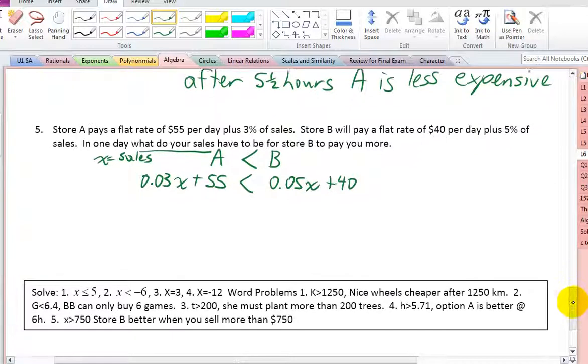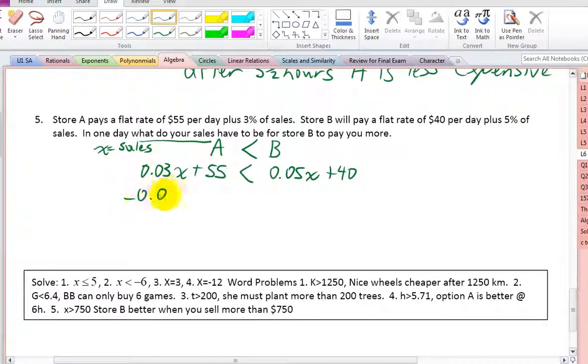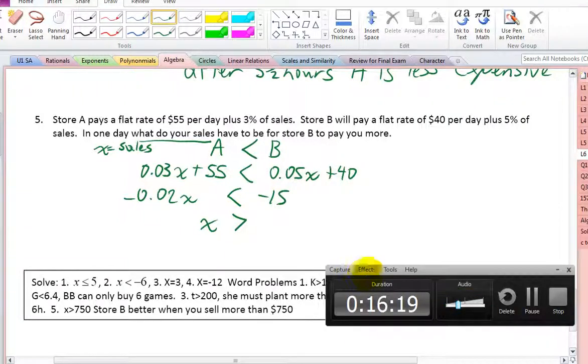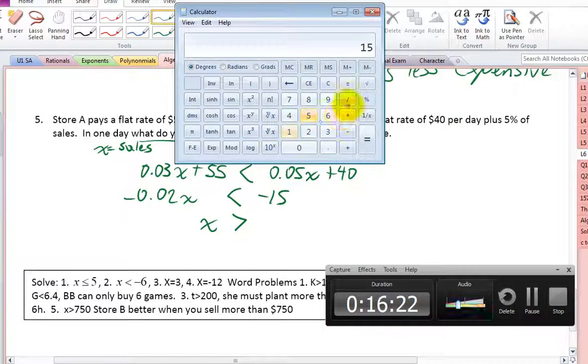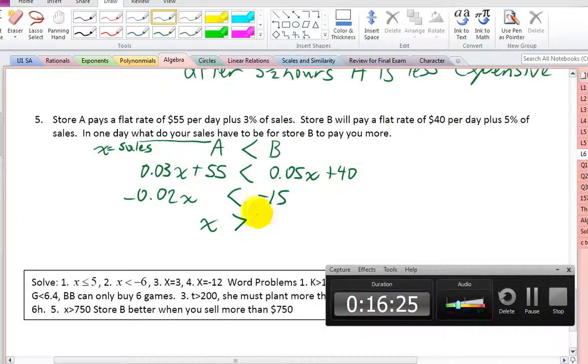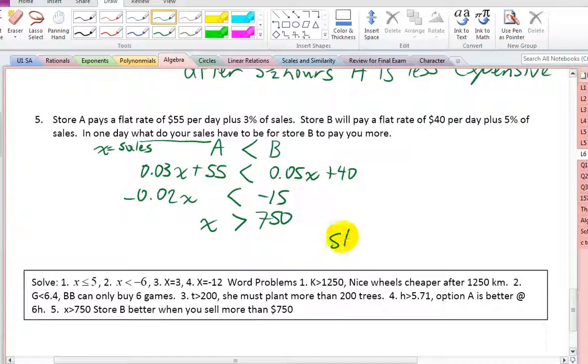Solve for x. Okay, so store B is better after $750 in sales.